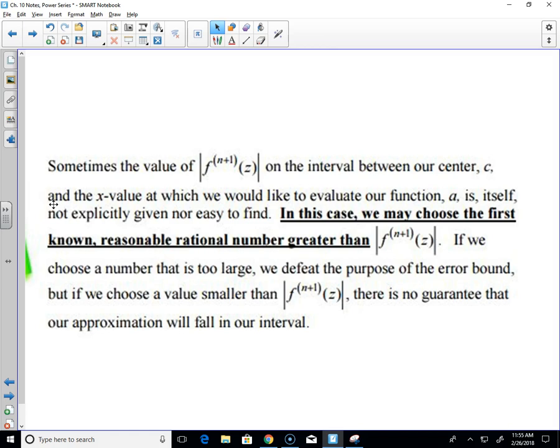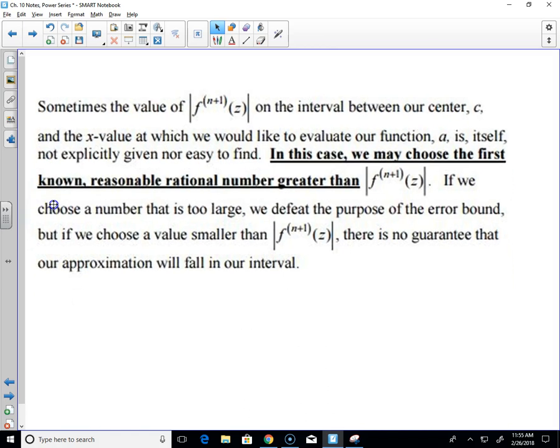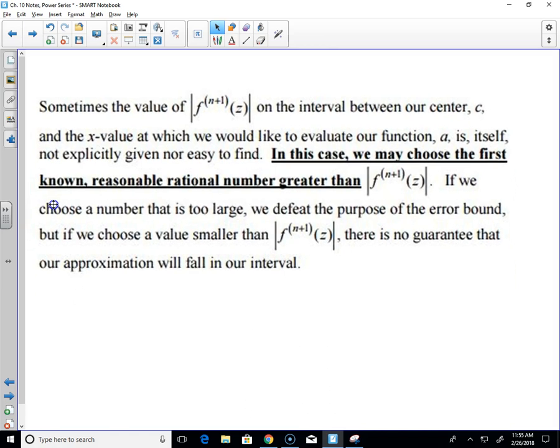So this whole paragraph basically just says, in the spirit of the approximation idea, sometimes when we're trying to maximize the n plus first derivative at z, I might not know who z is, but I do know the maximum value of the n plus first derivative.